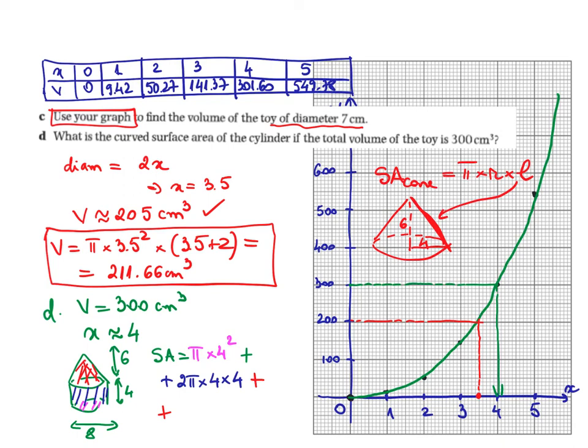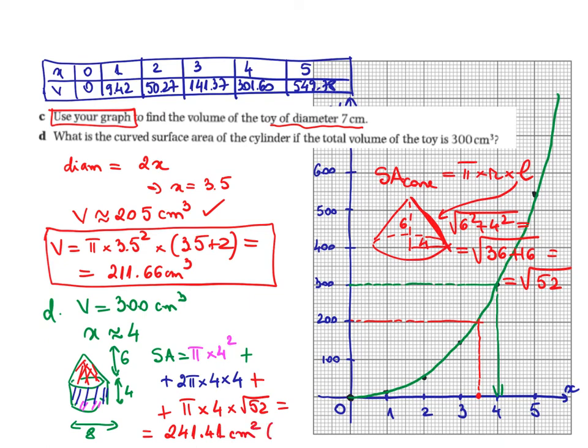So to find what L is, I'll do the square root of 6 squared plus 4 squared, which is the square root of 36 plus 16, 52. So in my case, it will be pi times r times the square root of 52. And if I put all this in a calculator, I can calculate the surface area, which, if I input everything correctly, will be 241.41 centimeters squared with 2 decimal places.